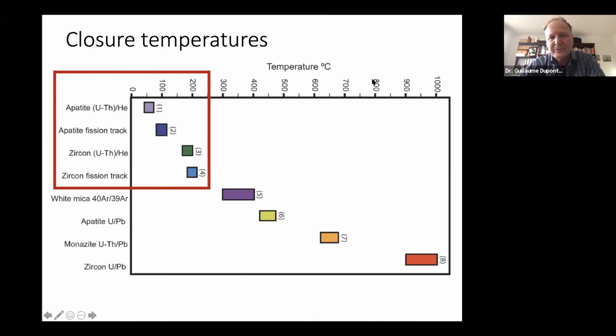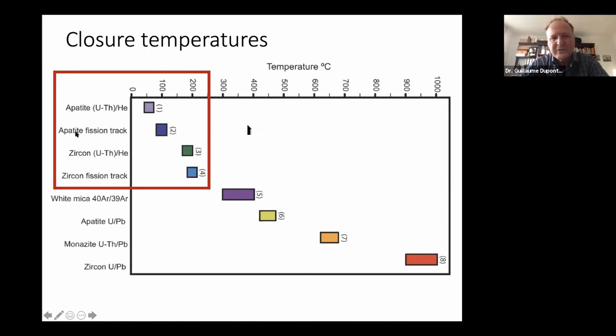C14 is only really useful because the half-life of C14 is very short. Basically, after 50,000 years, all the carbon has been changed to the daughter element, and so you don't produce any C14 anymore, and so you cannot really date. So that's why you use different methods, and this is what I showed on these slides.